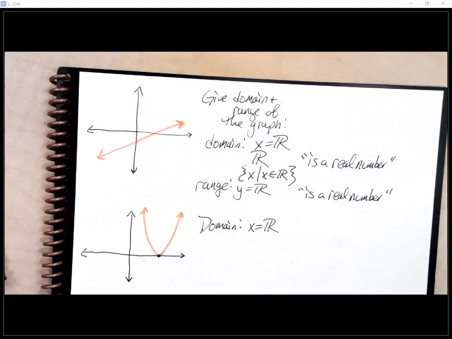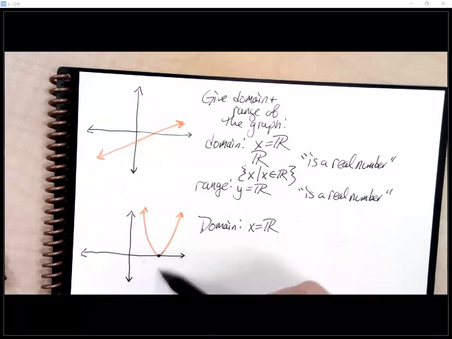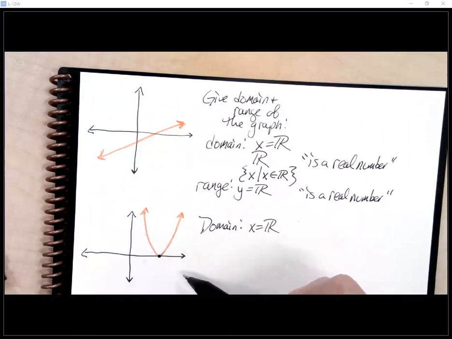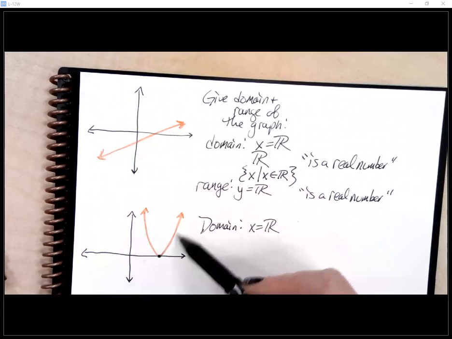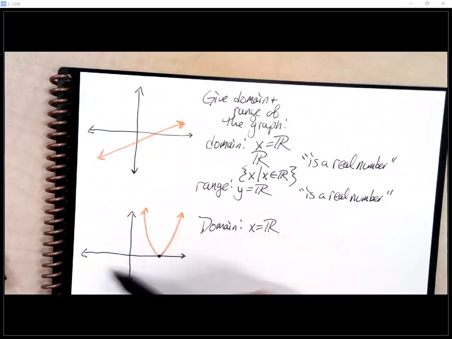Now let's talk about the range, my friends. Remember what this graph is doing. It's going up and out like this forever. Is it ever going to come back down? You will never get a y value that's down here, no matter what you plug in for x. Do you see that? It doesn't matter what you plug in. If I say, hey, what's the value of this thing when x is 7? It's some value up here. You're never going to get an answer down here.